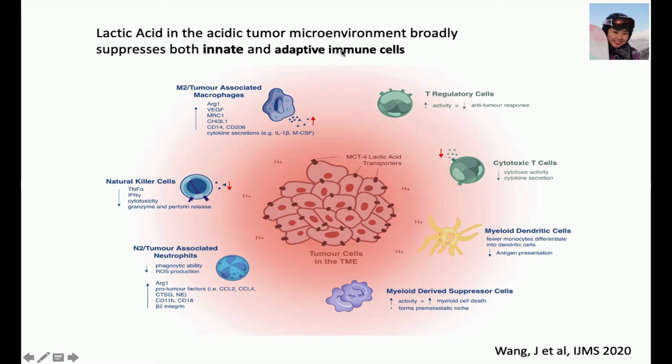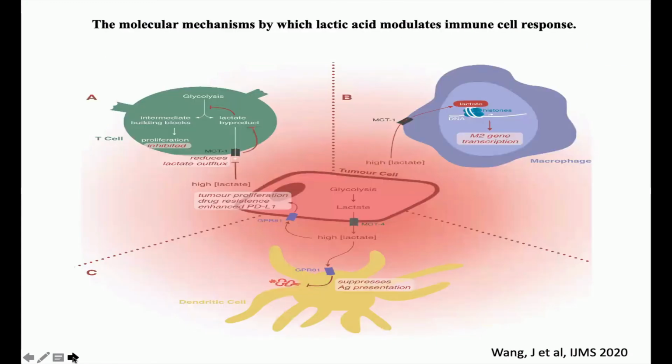came up with a review article and documented all those innate and adaptive immune cells, all affected by the acidic microenvironment and lactic acid. So there are multiple mechanisms. It's kind of interesting. More lactic acid in the tumor microenvironment will suppress immune cell proliferation.